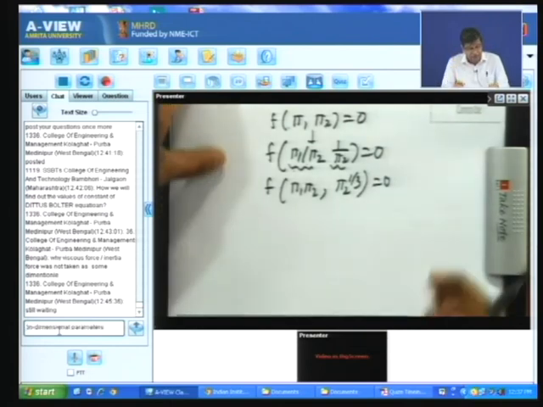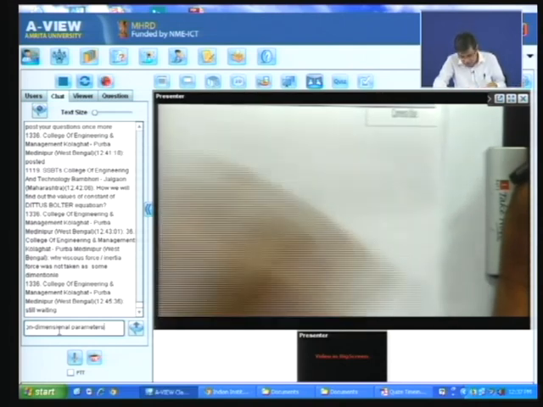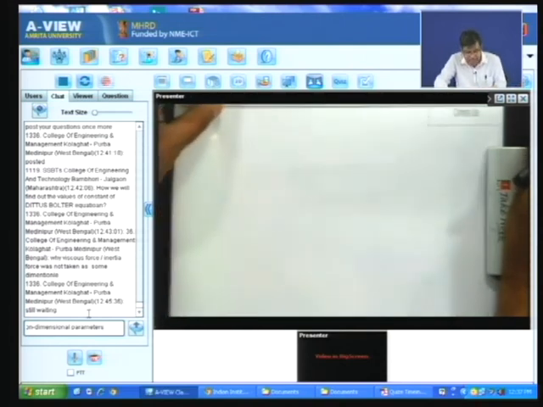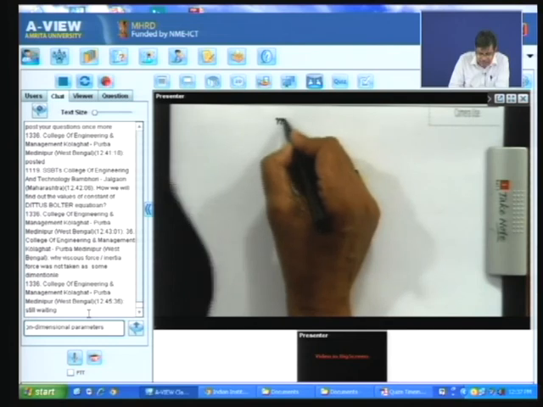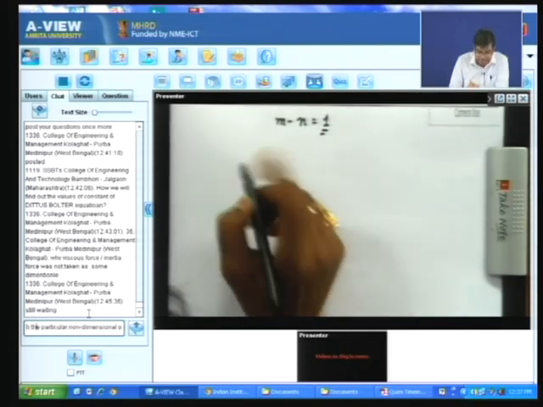Now I tell you a very interesting problem. This is probably hardly done in any book, I do not know. This situation arises when m minus n is 1. That means there is only one pi term, m is 1 greater than n.